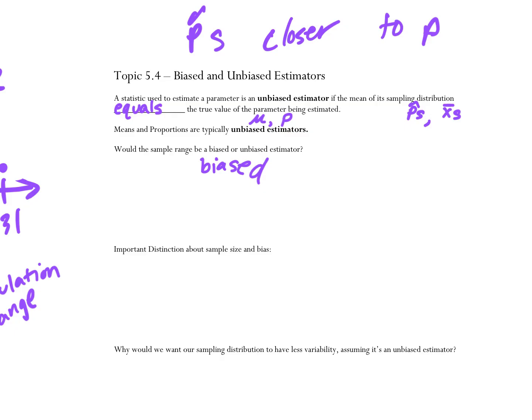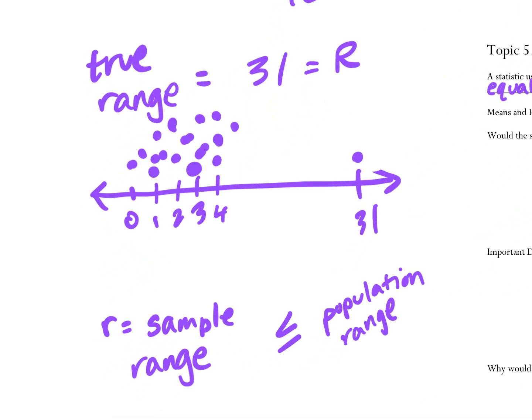You guys, I took a sample size of 5 from our group, yes? Would this graph look all that different if my sample size was 10? I'd probably have less down here, right? But this would still be pretty weird to get. And so what we don't like about this is the mean of this does not equal the population range, right? Okay.